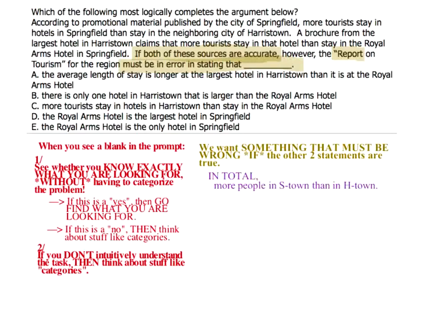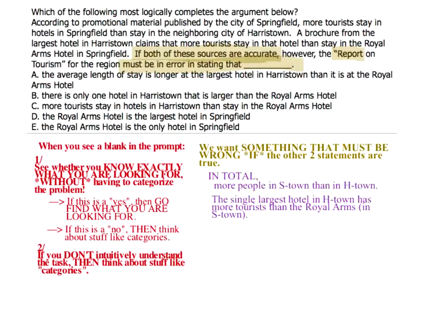So the single largest hotel in H-town has more tourists than the Royal Arms, which is in S-town. Okay, those are our two facts.